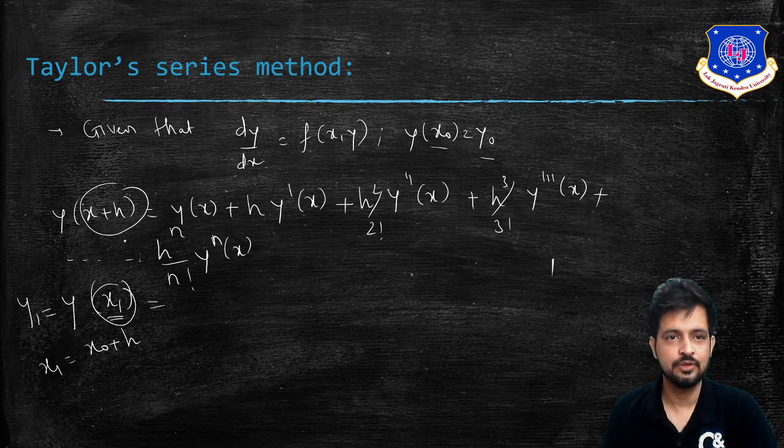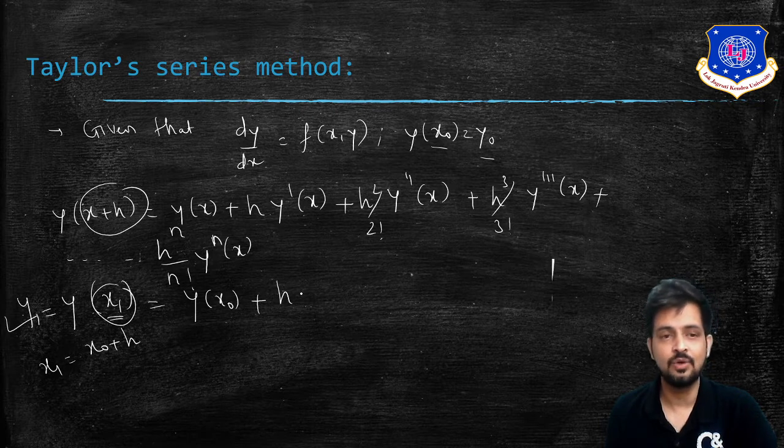You can compare these: x1 is equal to x0 plus h. So my x will be x0, and this can be written as y of x0. This is the formula to find y1, and x0 and y0 are required to find y1.